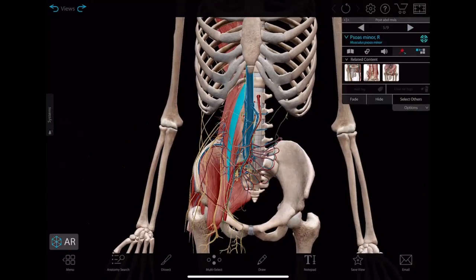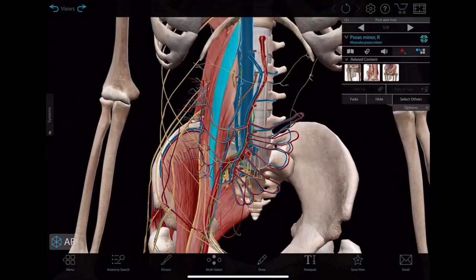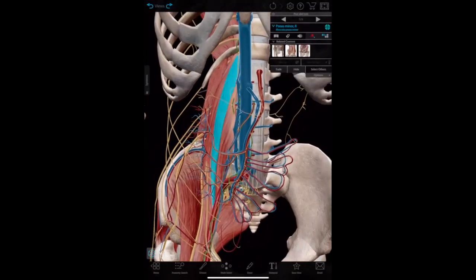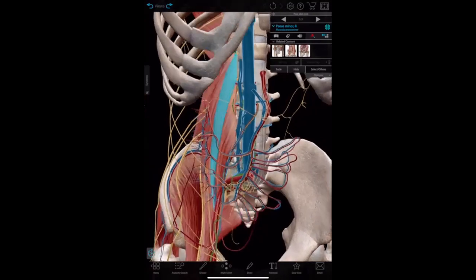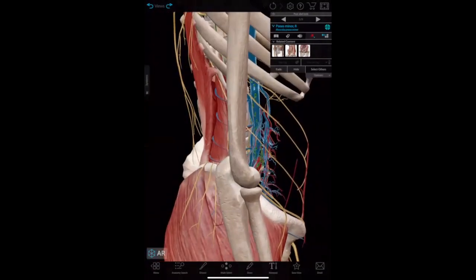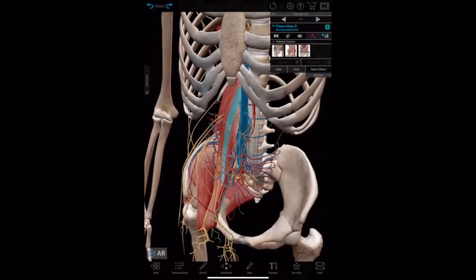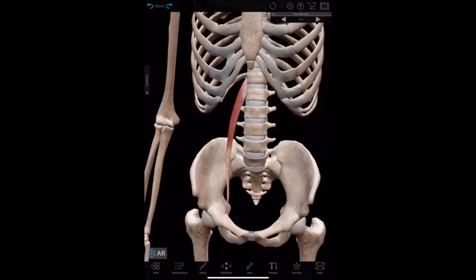You see, so that is the psoas minor muscle. It is the selected blue structure in front of the psoas major, and it is almost continuous with the psoas major.